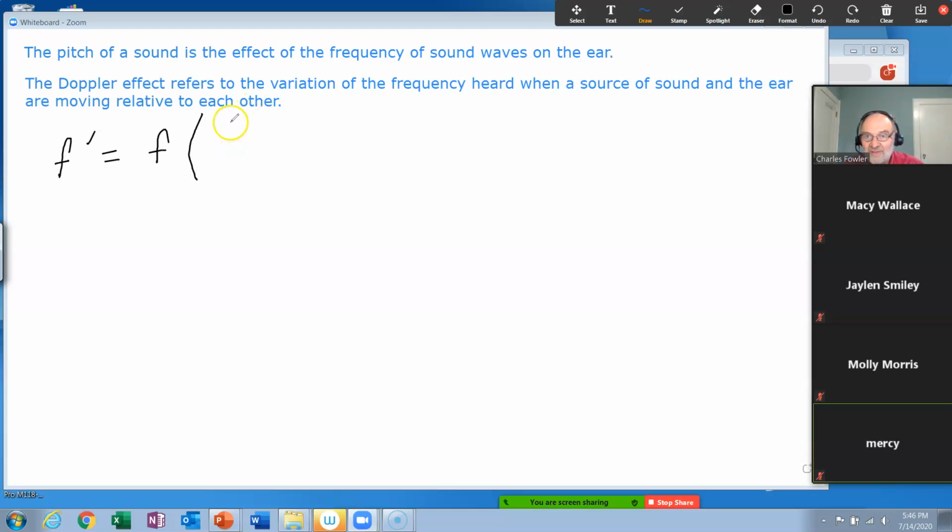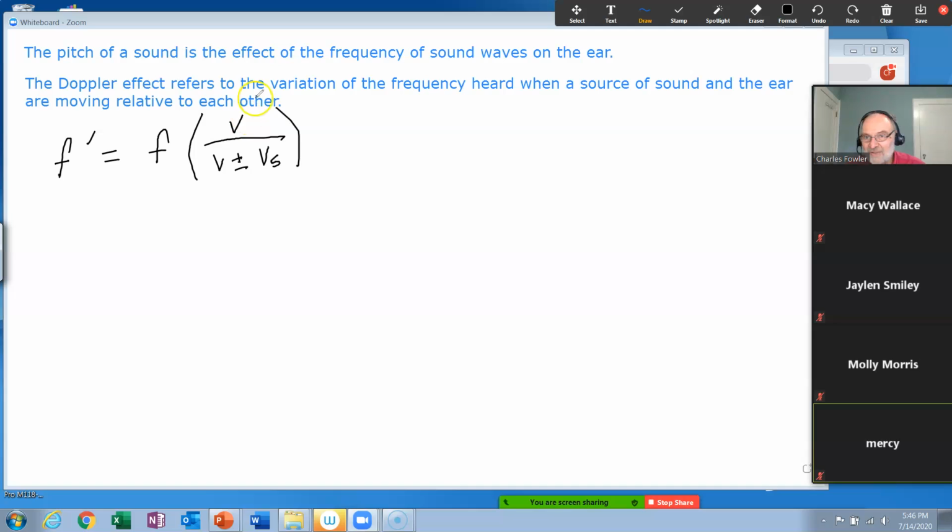It's the velocity of sound, the speed of sound, divided by the speed of sound plus or minus the speed of the source, V sub S. Okay. Now notice frequency on this side, frequency on this side.